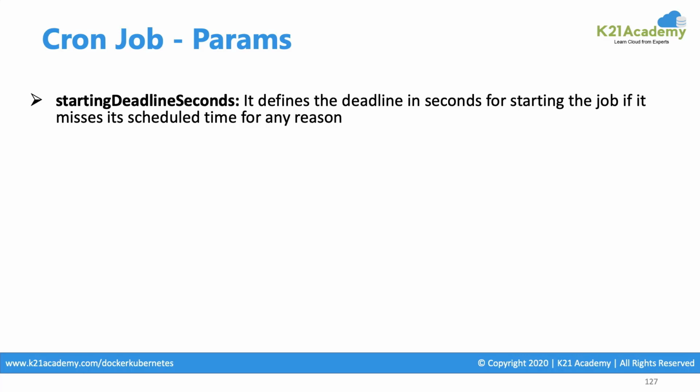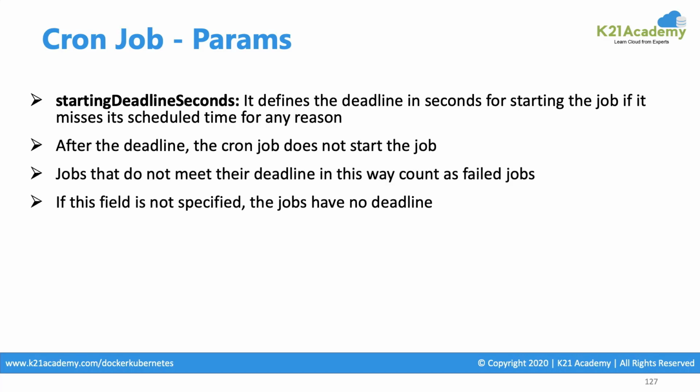Then if my system, or the server or the host machine, is not powered on at 8:30, and it gets switched on at 8:31, I have a 60 seconds deadline to start my job. So this starting deadline seconds defines the deadline in seconds for starting the job if the job is missed from the schedule which is defined in the cron job definition.